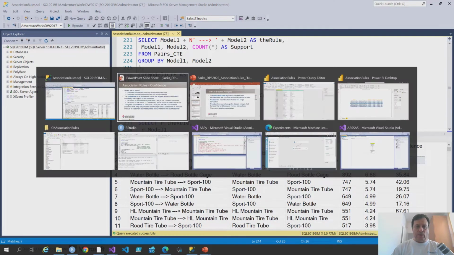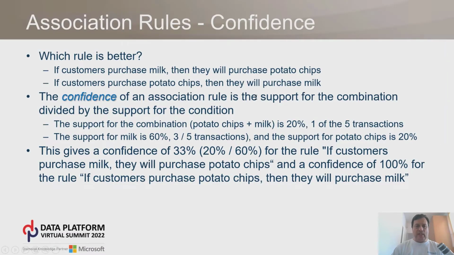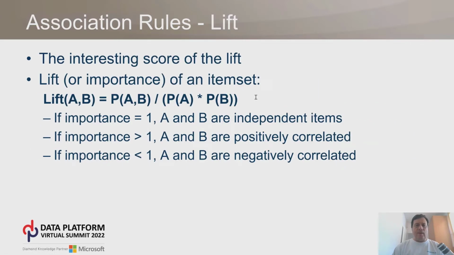Let me switch back to slides and add another measure, which I will call lift. This is also called the interesting score, sometimes also called importance of an item set.